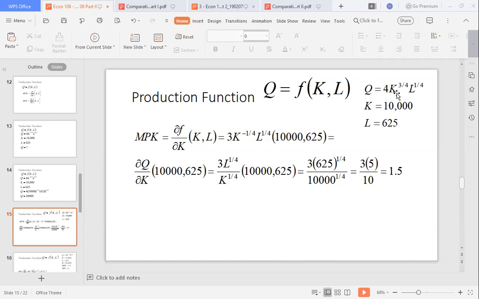So that's 3/4 times 4, and your answer is 3. So that's 3K. And then 3/4 minus 1, so that's -1/4. So you're getting the partial derivative here with respect to K and holding L constant. So that's how you got 3. Okay. Other questions, guys?